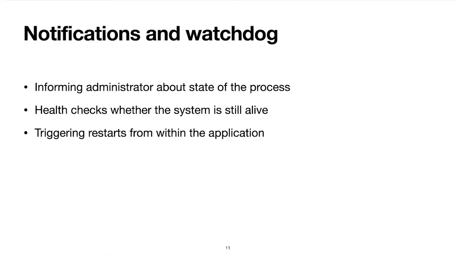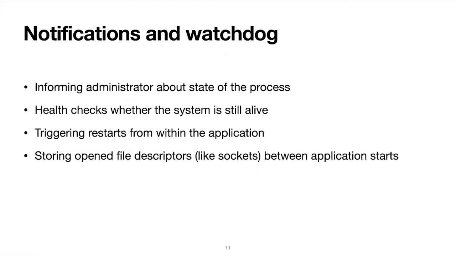We can also trigger a forceful restart from within our application when we detect that it is already in a state that will not allow the system to heal itself. So with such a notification, systemd will be responsible for forcefully closing our application and restarting it again.